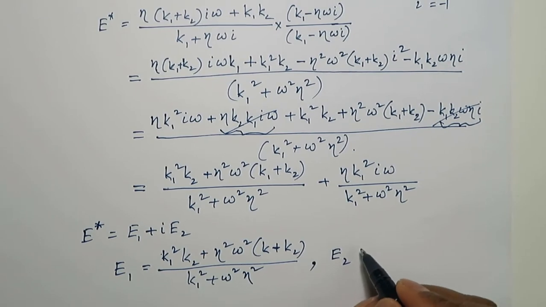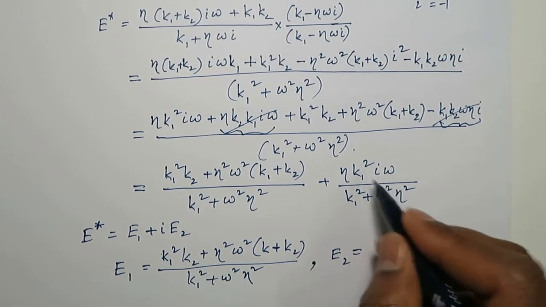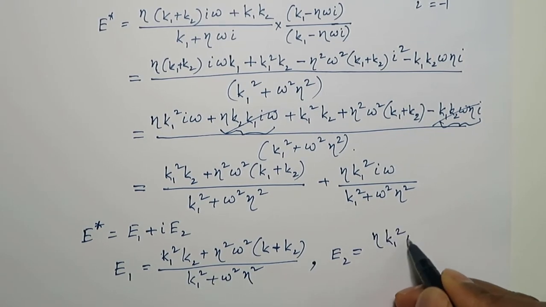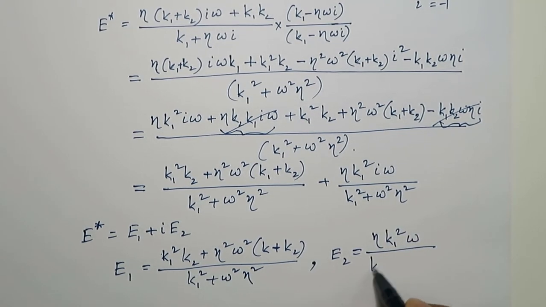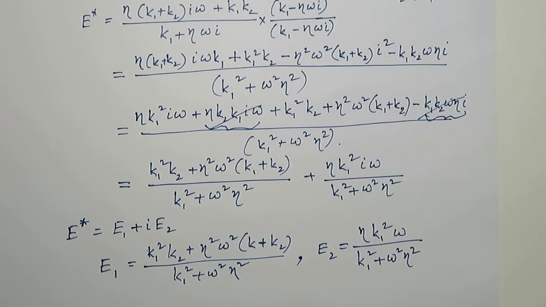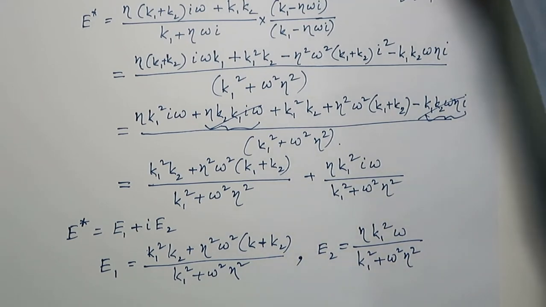E2 will be given as this part with i, eta k1 square omega over k1 square plus omega square eta square.